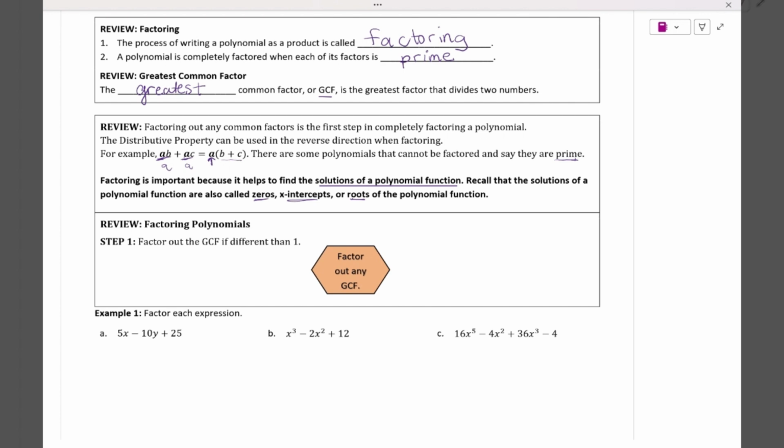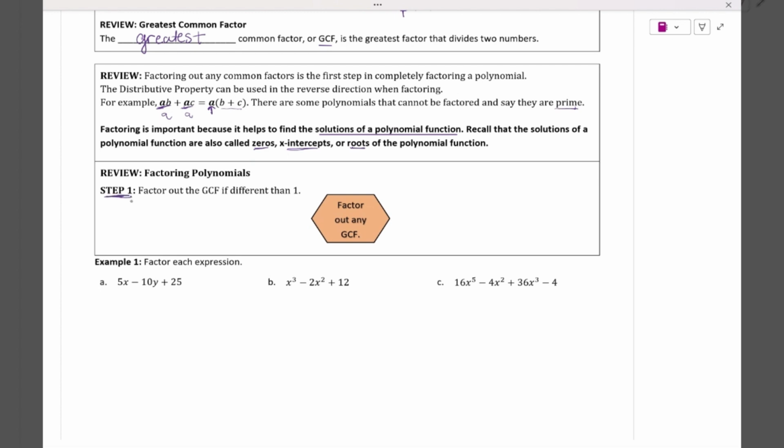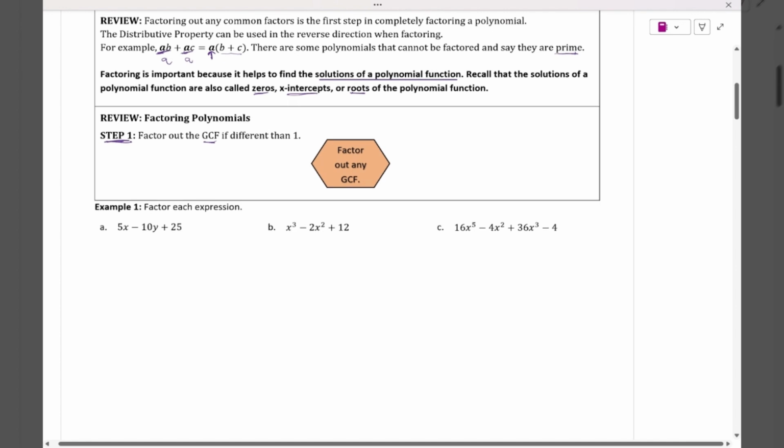Step 1. Whenever you are asked to factor a polynomial, remember that the first thing you always want to do is look for a GCF other than 1, and we would factor out that GCF. So let's look at example 1. Factor each expression. A, 5x minus 10y plus 25.